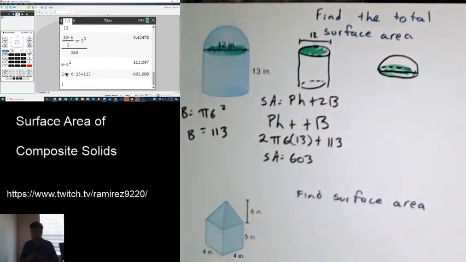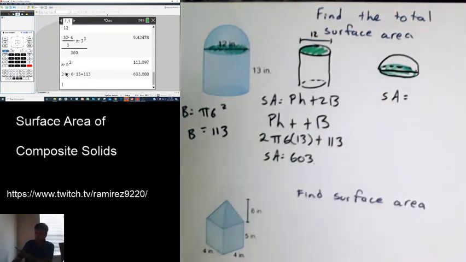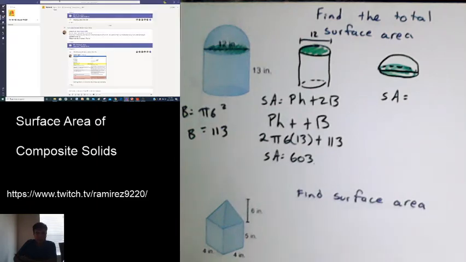Now onto the hemisphere. Normally the surface area of a sphere, I believe, was 4 times pi r squared. But let's find out. We have our formula sheet we could always look at.